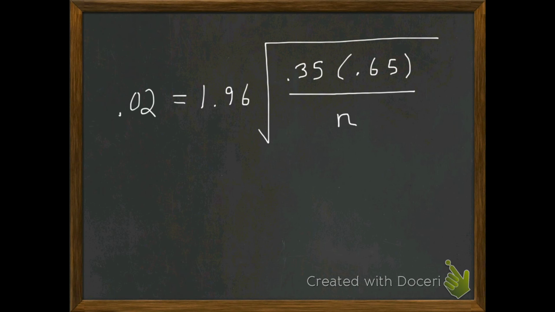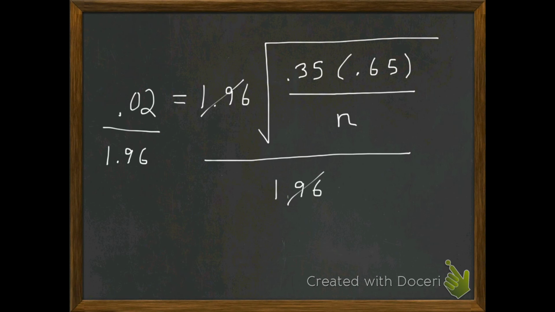What n will reduce the margin of error to 2%? Well, guys, I think it's pretty clear that on the left side and the right side, the first thing we're going to do here is divide both by 1.96. So that and that will disappear, leaving.